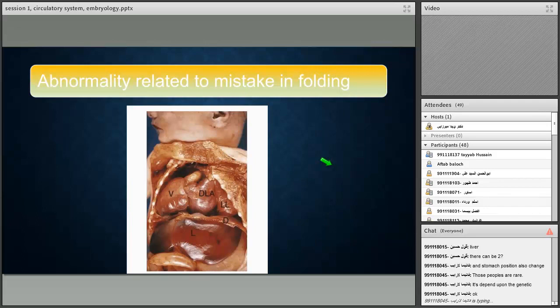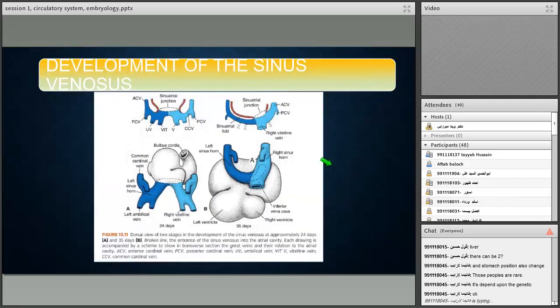Okay, now let's talk about the development of the sinus venosus. You have seen that the proximal portion of the heart tube is called the sinus venosus. Yes, they perform spleen function, but they are small.